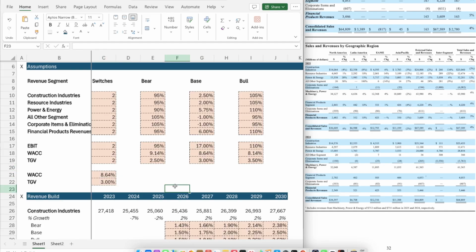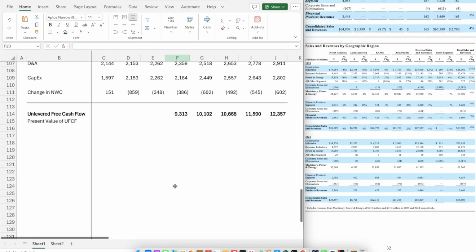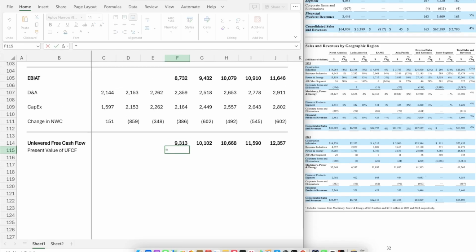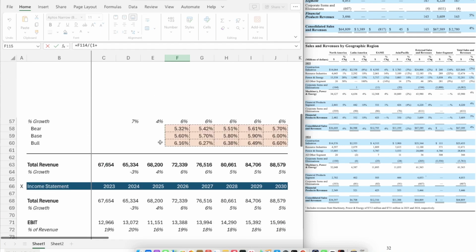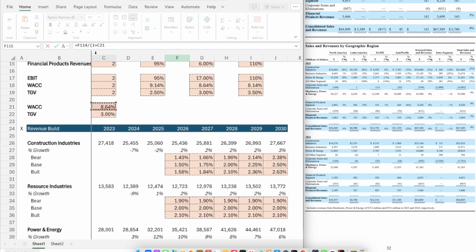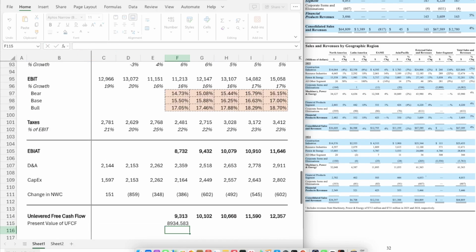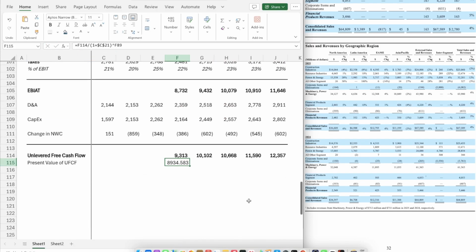Great. Now that we have these, let's discount our cash flows back to the present day. So equals, take your unlevered free cash flow divided by 1 plus your WACC, but lock the WACC in, close brackets, to the power of the year.